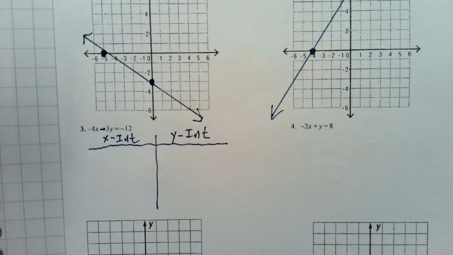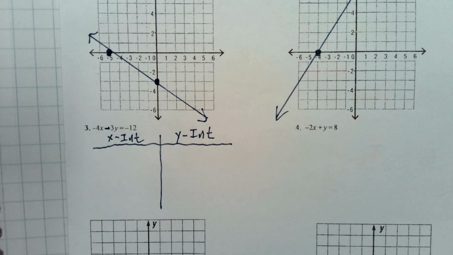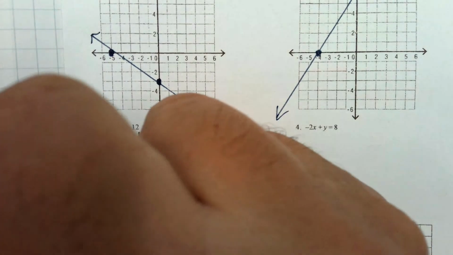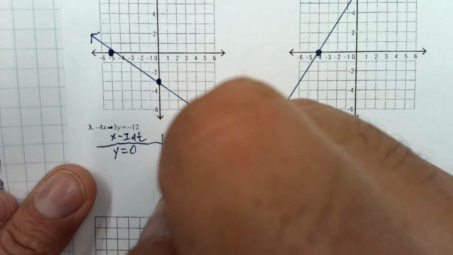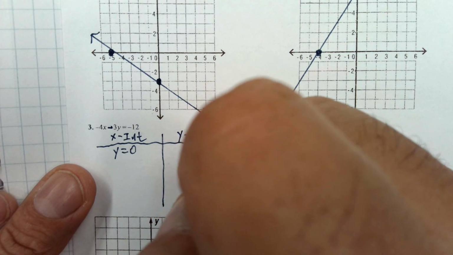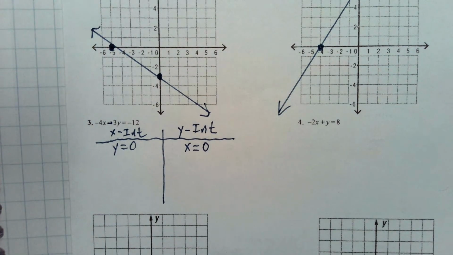Now, let's see if you can catch on, because this will be a shortcut for us. So, for the x-intercept, we know y is 0, right? And for the y-intercept, x is 0.